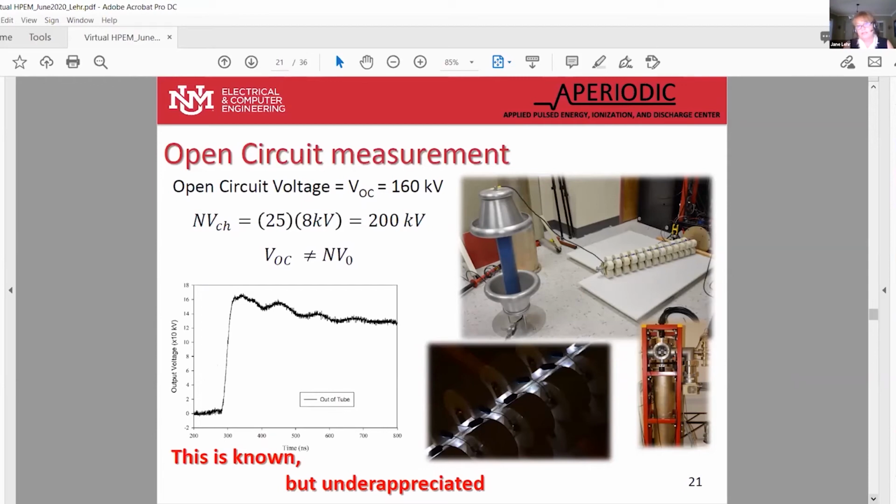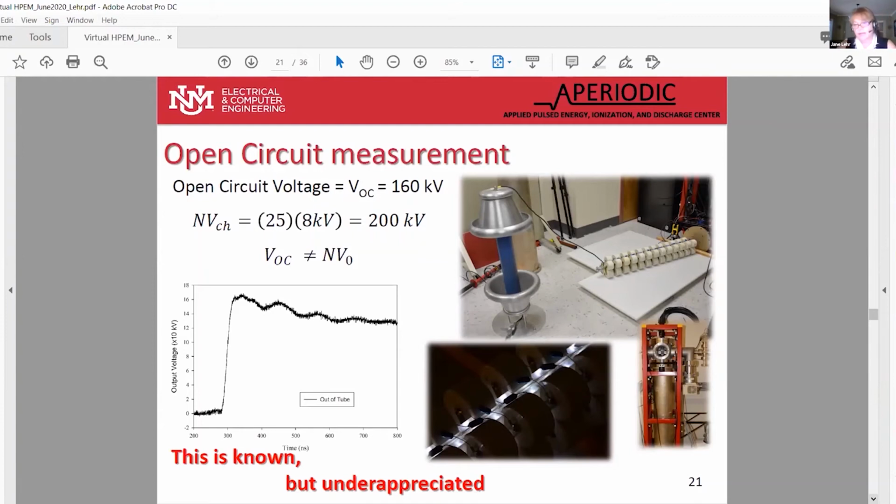One of the things we see is that N times V charge is 200 kV, but our load voltage is only 160 kV. That is the effect of the stray capacitance, and it's going to reduce that voltage.